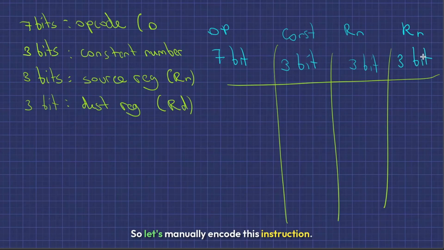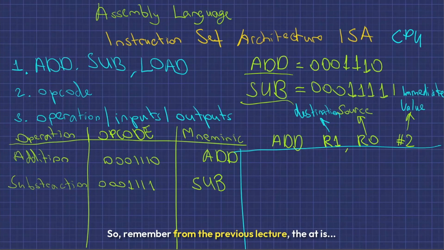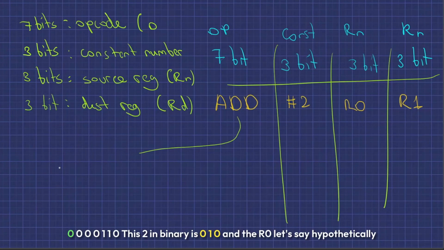So let's manually encode this instruction. The operation is add. Let's break it down. Remember from the previous lecture, the add is 0 0 0 0 1 1 1 0.